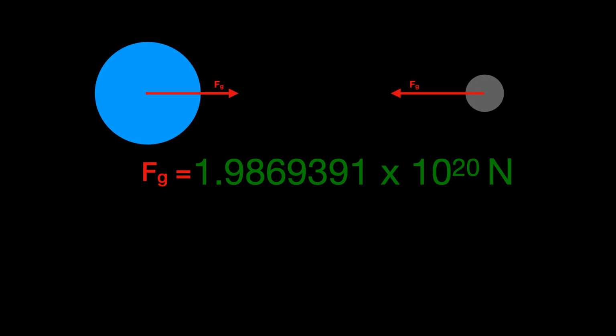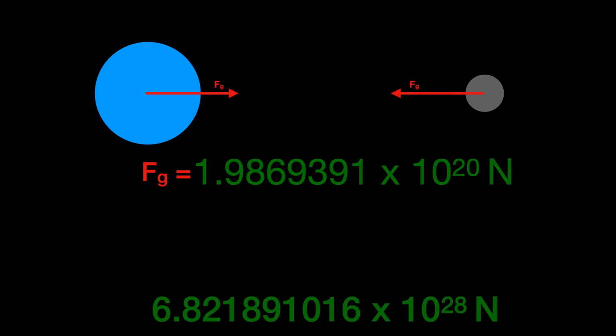Note that if we measured the meters in kilometers instead, which I actually did while making this video, you would get a completely different result: 6.82 whatever times 10 to the 28 newtons, and this is very incorrect.